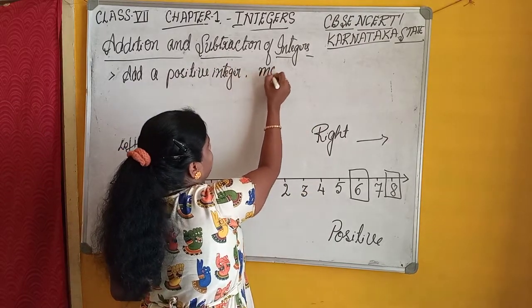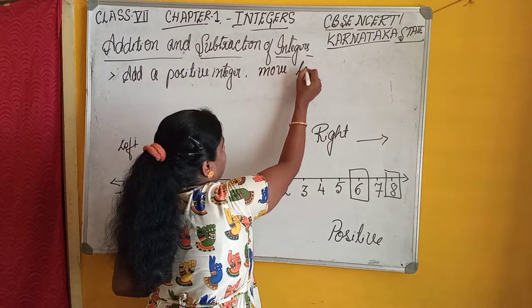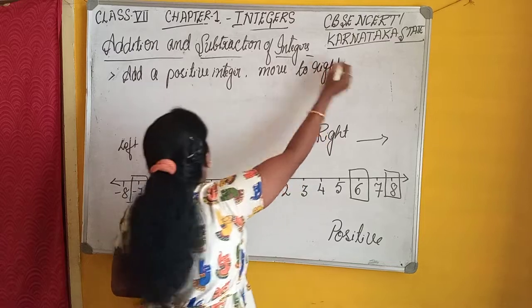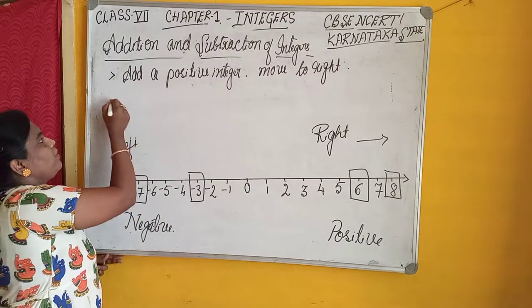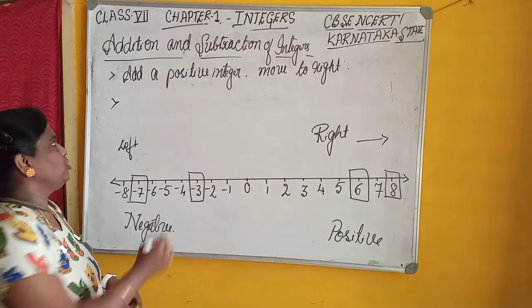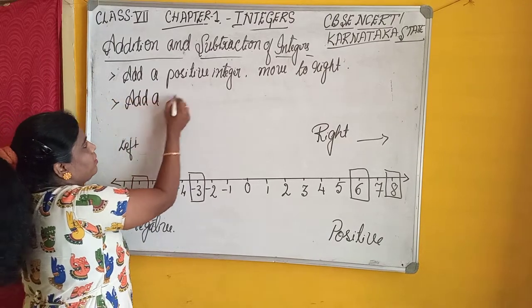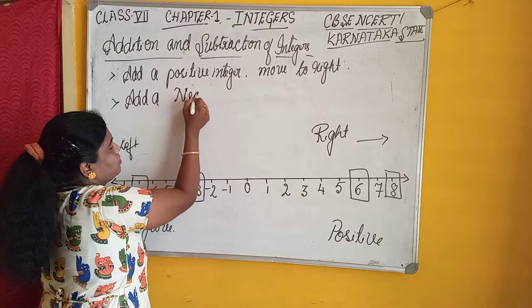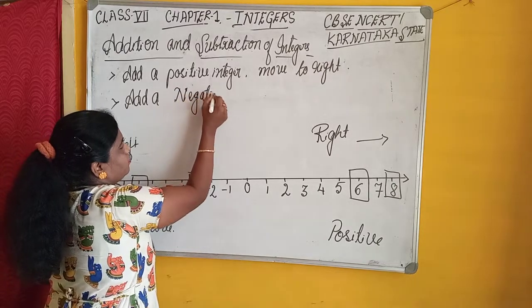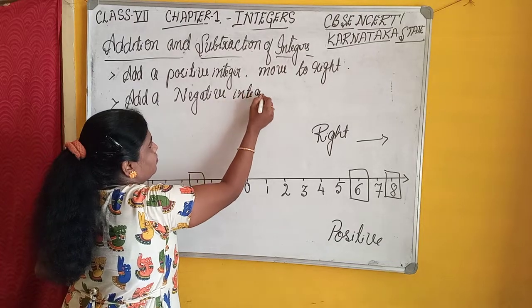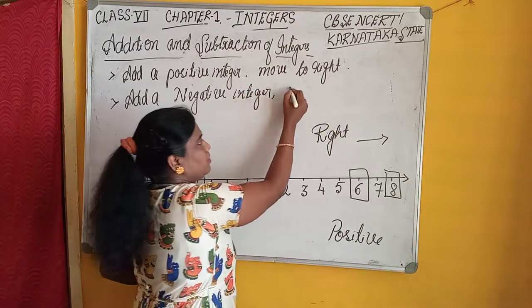Move to right. When we add a negative integer, move to left.